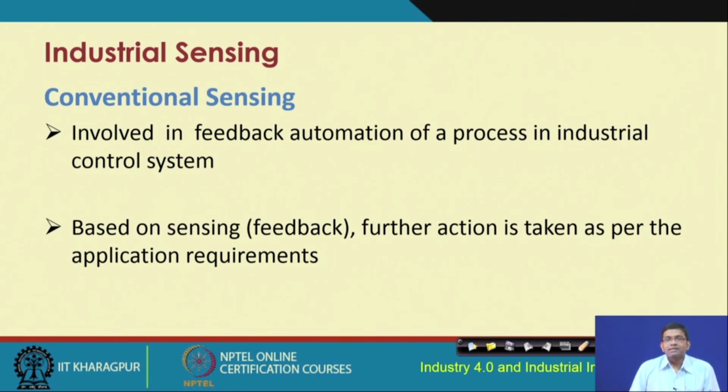Sensors are not new, sensor technology is not new, but the way you are evolving these sensors, making them much more intelligent, connecting them to the internet, getting value out of the deployment of these sensors on a big scale and making processes much more efficient in the industries is what has made IIoT much more exciting.